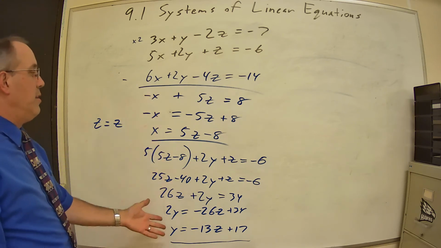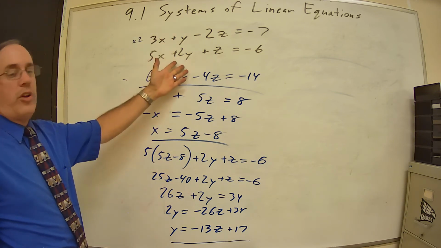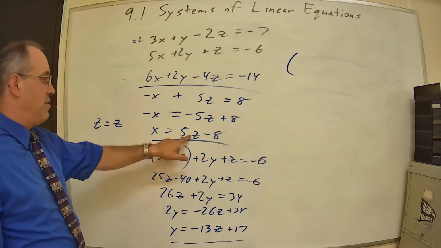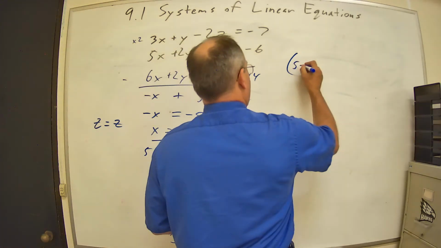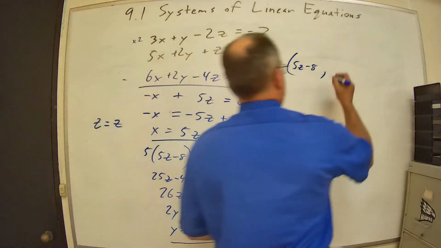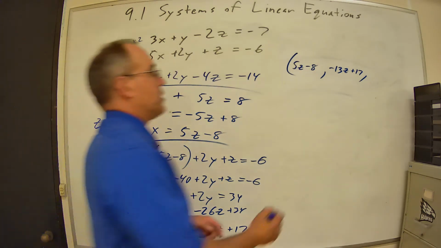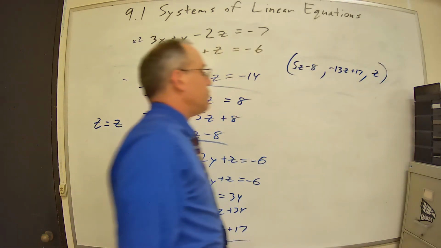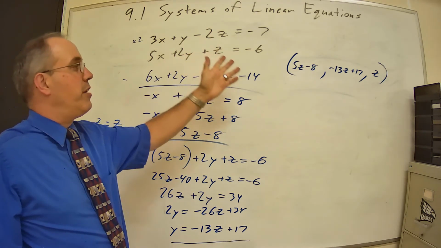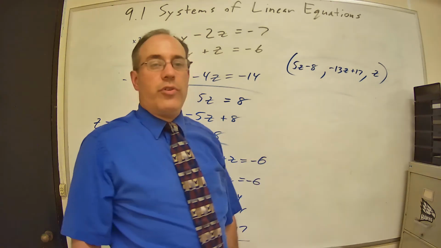So my solution, or one of my solutions to this system of 2 linear equations and 3 unknowns is x, 5z minus 8, y, negative 13z plus 17, and z. So I just solved this system of 2 equations and 3 unknowns in terms of z. Give me a z, and I can give you the 3 values.